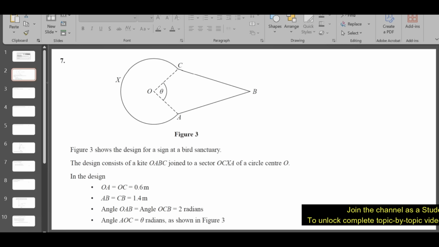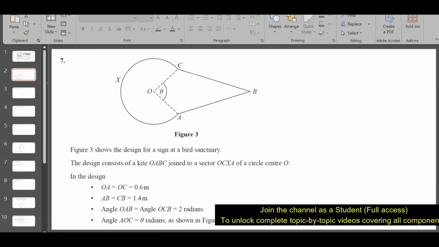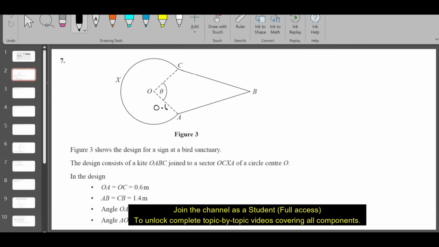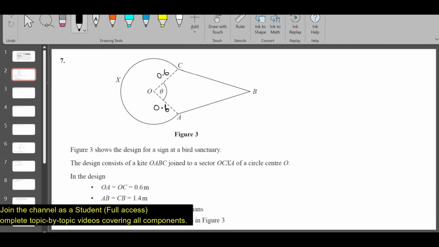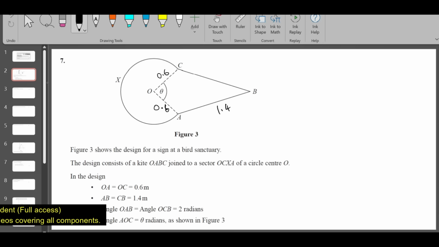Okay, OA is equal to OC is equal to 0.6. The radius is 0.6. AB is equal to CB is equal to 1.4. Angle OAB or OCB is 2 radians. This angle is 2 radians.